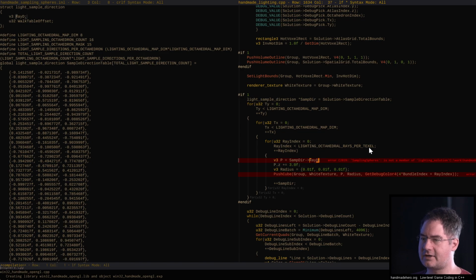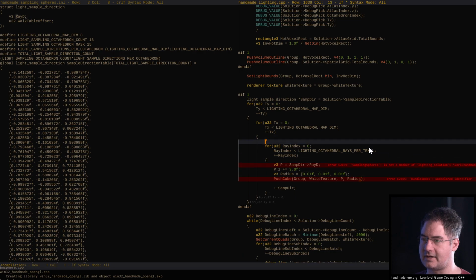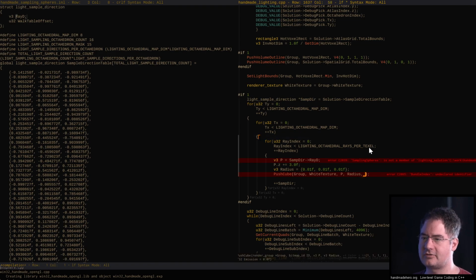So the ray direction we get out of here, then we draw this thing, and what I want to do is make the color of it just be something that only gets updated as we go through the texel area. So there'd be a color index here, and you know what? The other thing we could do is we don't even really need to use the debug colors. So what we could do is say this is checker here.